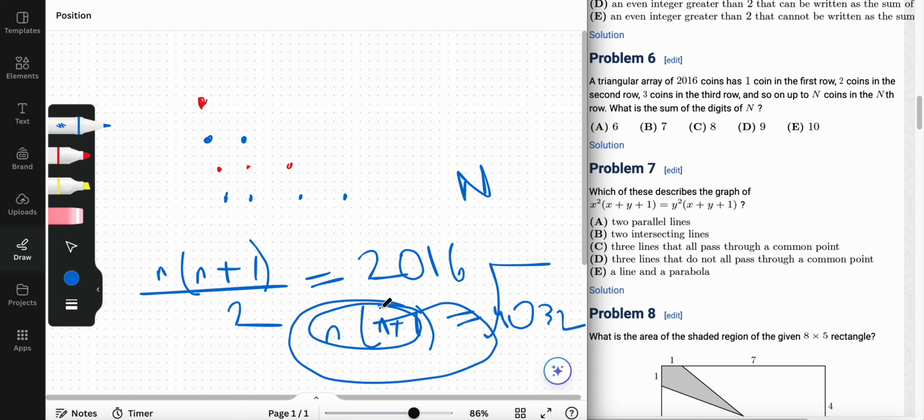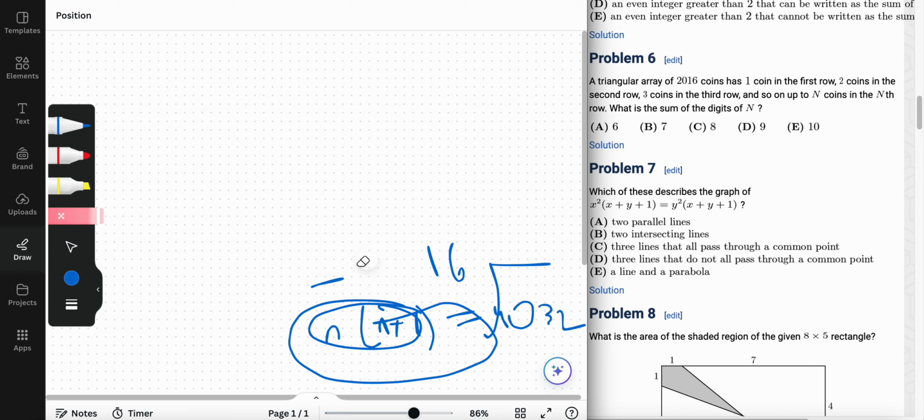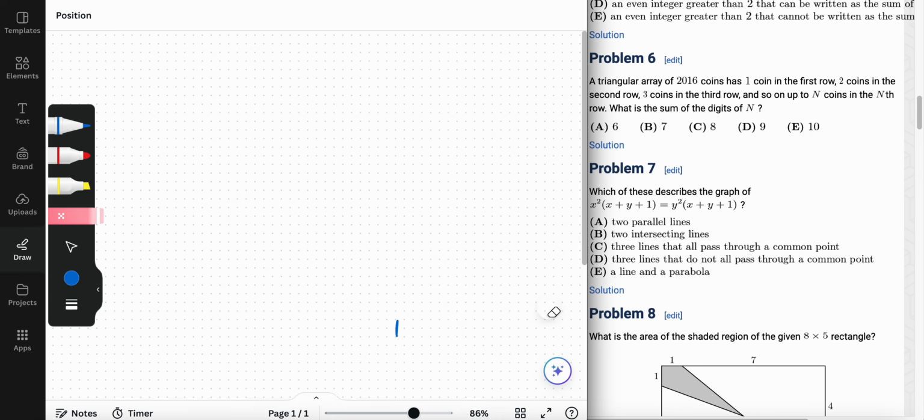Then I can easily find what n is. So I can erase all of this. I had that n times n plus 1 is equal to 4032.